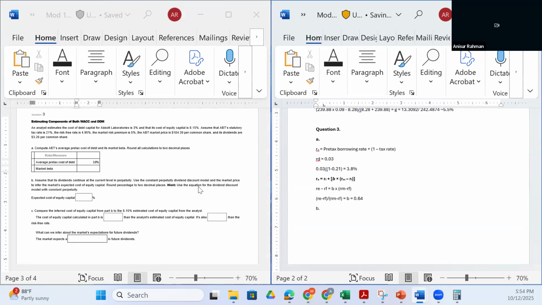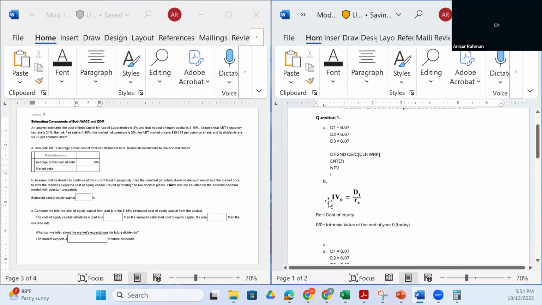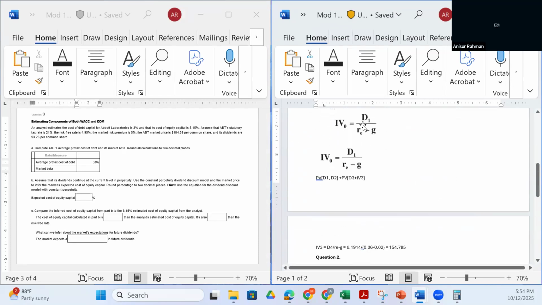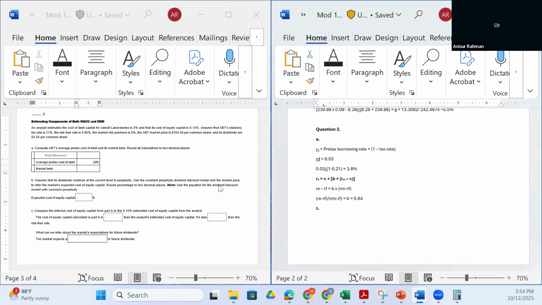Constant perpetuity means D1, dividends do not change, and this one is increasing perpetuity. So use the constant perpetuity dividend discount model and the market price to infer the market's expected cost of equity capital. So now we have to find out RE, cost of equity capital.